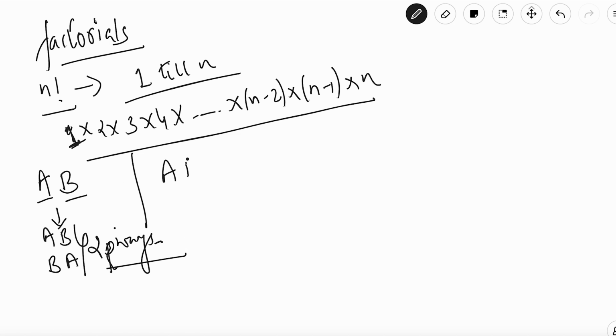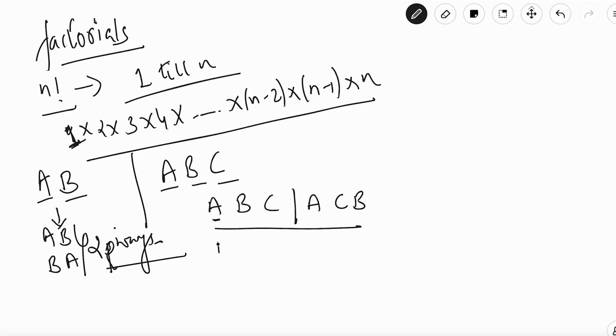Now let's say I have 3 objects A, B and C. Now how many ways can I arrange these 3 objects? Let's say I keep A in the first place. So now I have 2 choices. I can either have A, B and C, or I can have A, C and B. Now I keep B fixed in the first place.